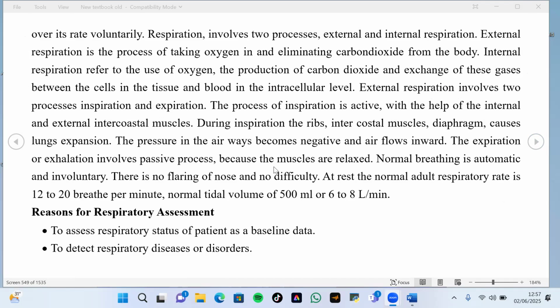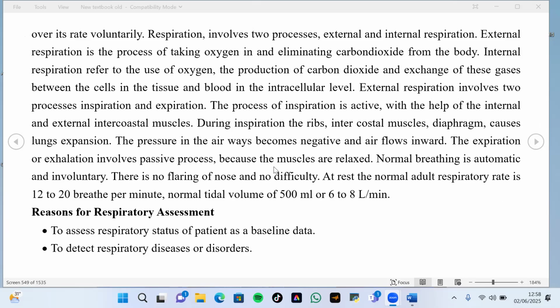So respiration, like we all know, involves the processes of external and internal respiration. External respiration is the process of taking oxygen in and eliminating carbon dioxide from the body, while internal respiration refers to the use of oxygen, the production of carbon dioxide, and exchange between the cells in the tissue and blood in the cell.